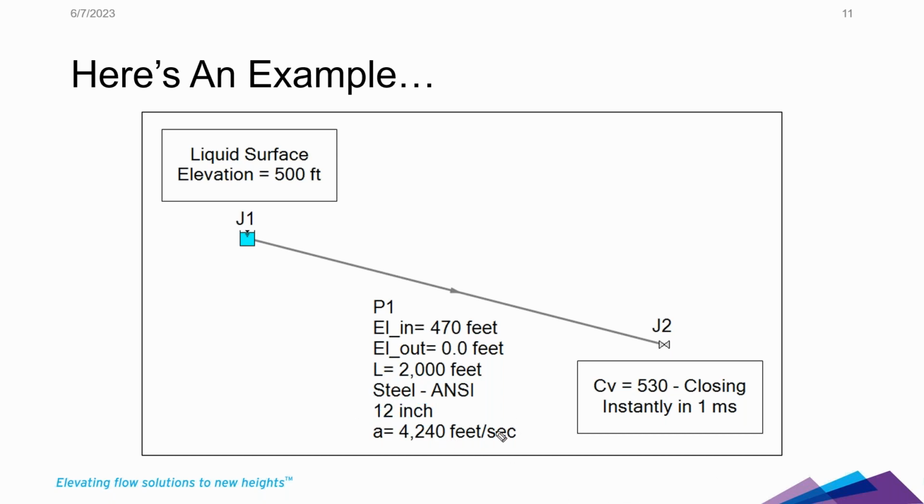But I actually had to change the diameter to 12-inch to be able to get the warning message and the critical warning message based upon the sectioning I was using. So here, I'm closing the valve instantly, within 1 millisecond, and we're going to see the difference in warning messages.